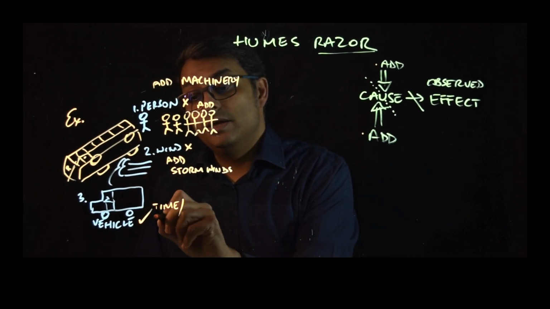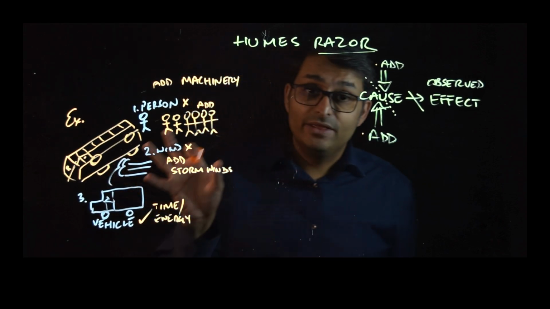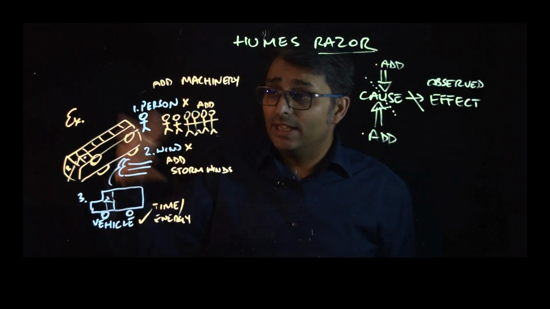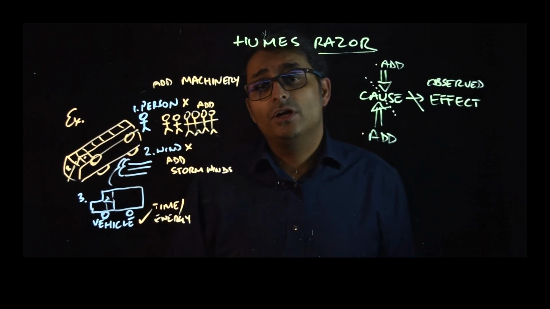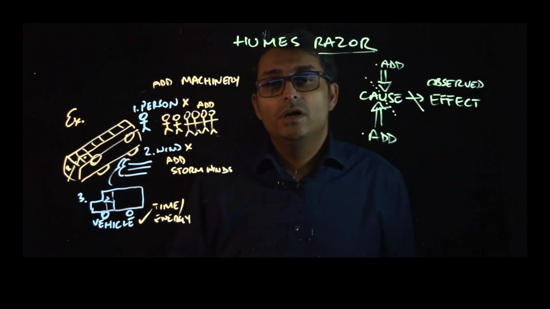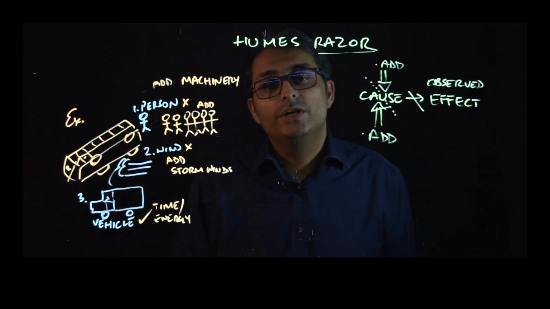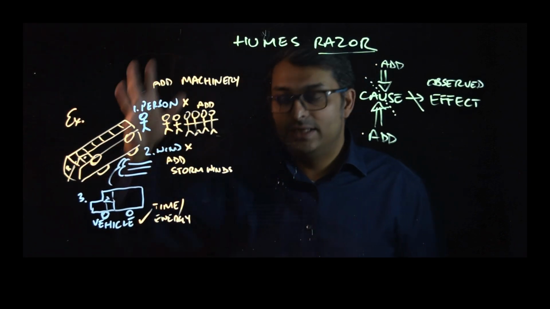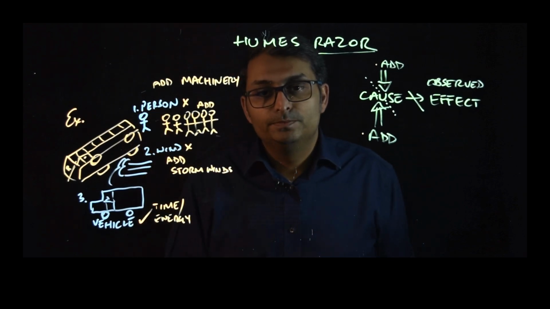So time and energy in exploring this cause and how it has led to the coach upturning, rather than wasting time and being inefficient on causes 1 and 2 and any other cause that is obviously insufficient or not plausible.